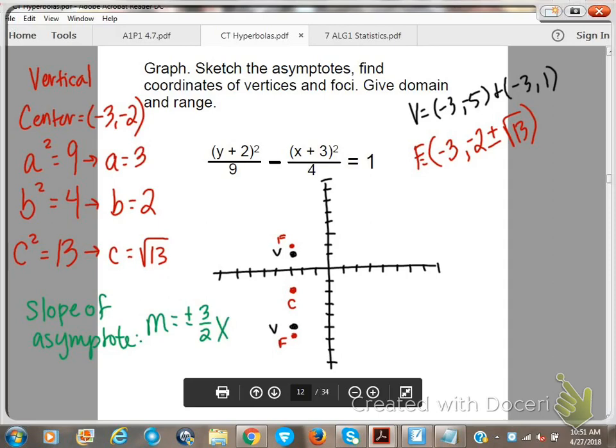You'll go up 3 over 2, down 3, and over 2. And then, again, you're making this nice box centered around your center. And then you just draw your oblique asymptotes through your center, like that.